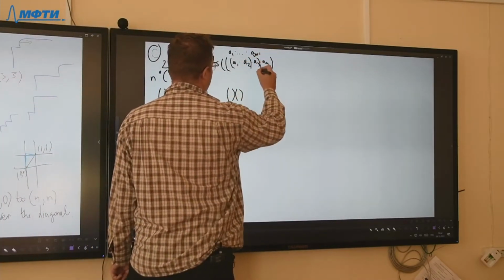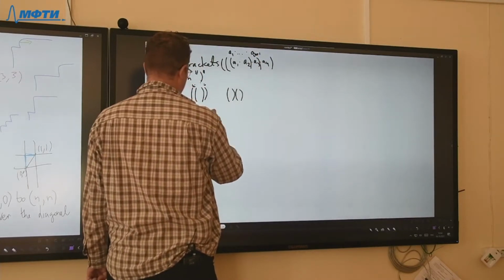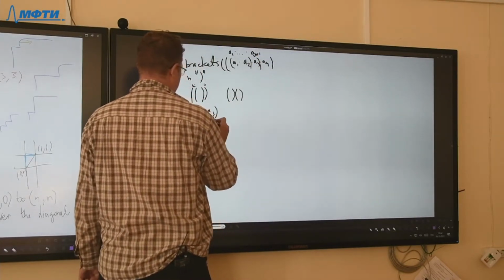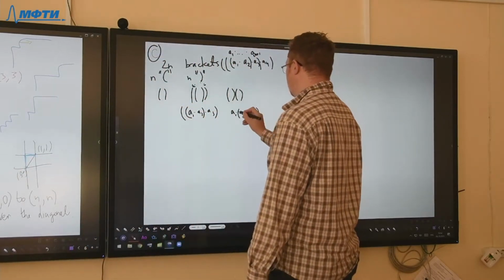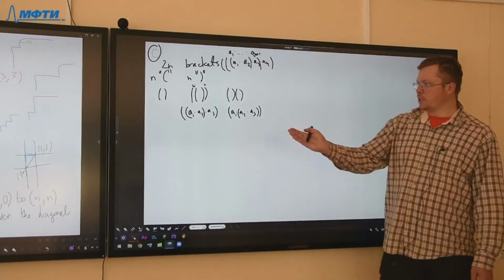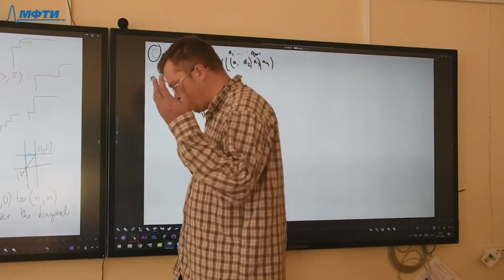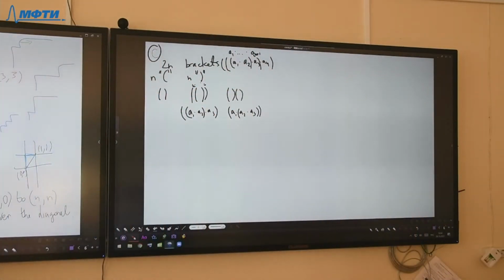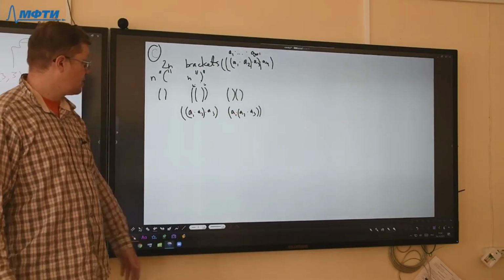N plus 1. So for example, if I have 3 elements, I can compute this way or this way. If I know how to calculate the product of 2 elements, then I can calculate the product of 3 elements in 2 different ways.